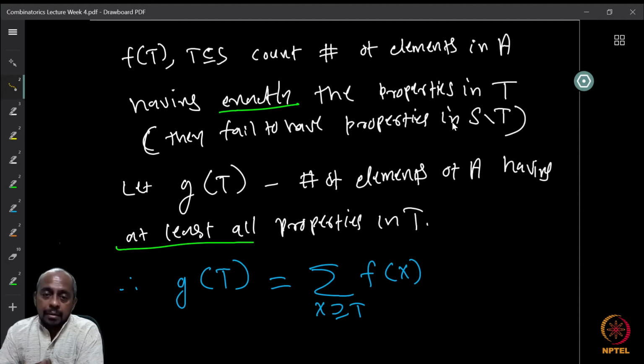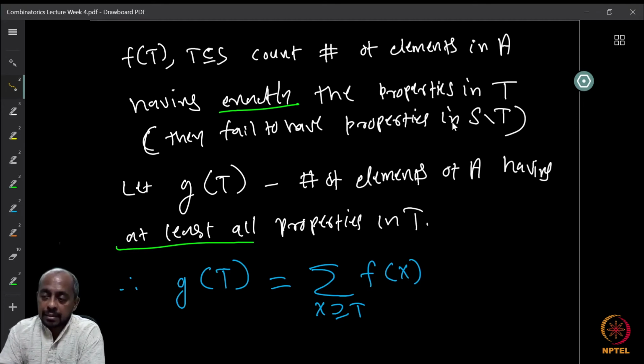You take all supersets of T, and then sum over all these f, and that will give you G. Because f of x counts all those elements having precisely the properties in the set x, and G of T is now the summation over all x which is a superset of T of f of x, which means it will have all the properties in T and more.